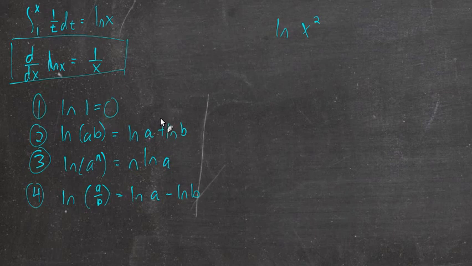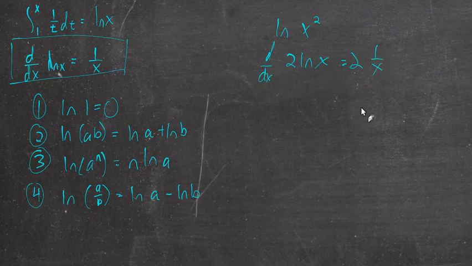Okay, so the natural log of some function. So we can use the properties of logarithms to make this much simpler to take. We could write this as 2 times the natural log of x. Okay, and then if we want to take the derivative of this, well, the derivative of a constant times a function is just the constant times the derivative, and the derivative of the natural log of x is 1 over x. Okay.